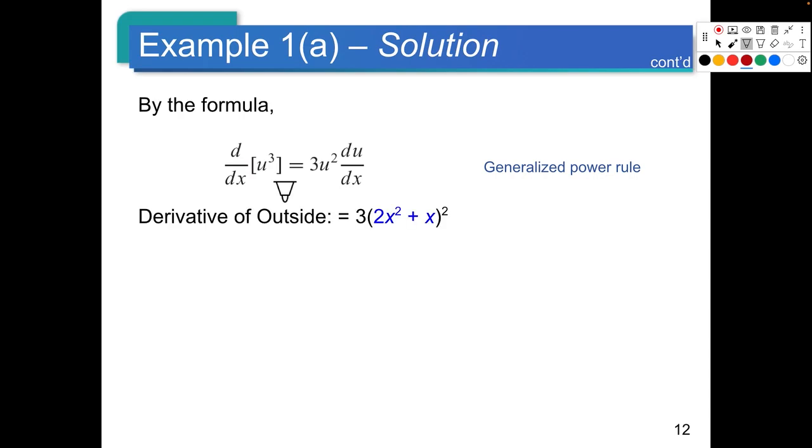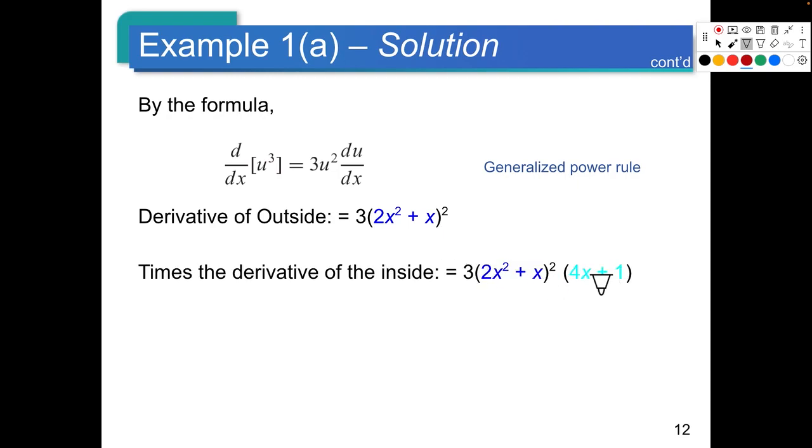But again, it's in here. You can kind of see this, to me, is more understandable. So what did it do? Well, the 3 came down. There's our subtracted 1. And then that's the derivative of the outside. And then I just now need to take the derivative of the inside to finish it off, just like we did. Okay, so that's all that's going on.